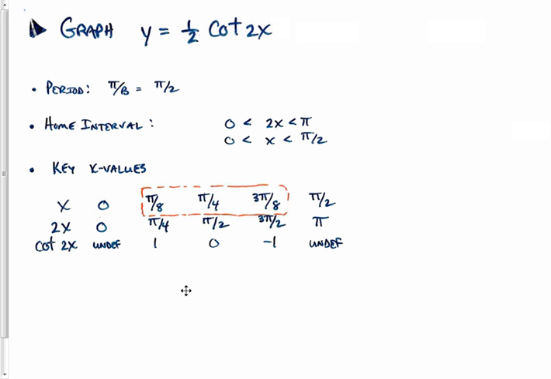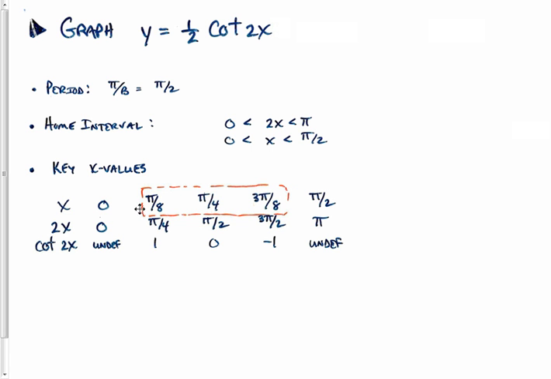Now, the next important part is to take that interval from 0 to pi over 2. At 0, we will have a vertical asymptote, because the cotangent of 2x is undefined there. And at pi over 2, we will have another vertical asymptote because the cotangent of 2x will be undefined when x is pi over 2.